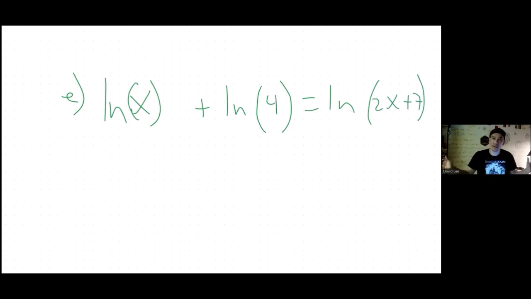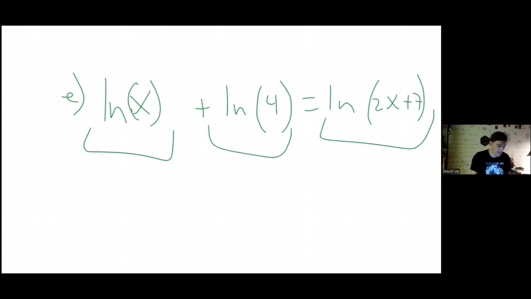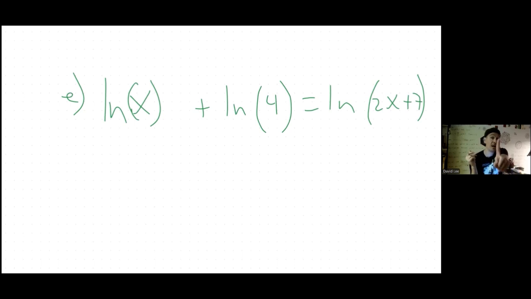So what about a situation where we have logs everywhere, like all over the place? Well, I would ask myself, can I just type this into a calculator? Well, here, no, because there's a variable. Here, no, because there's a variable. And here you could, but that'd be a weird decimal.